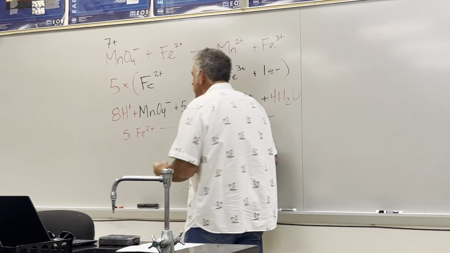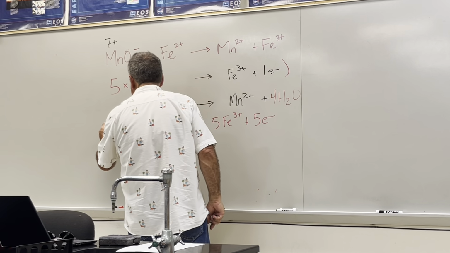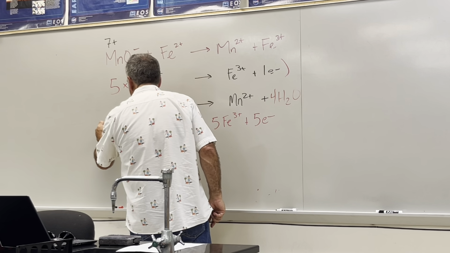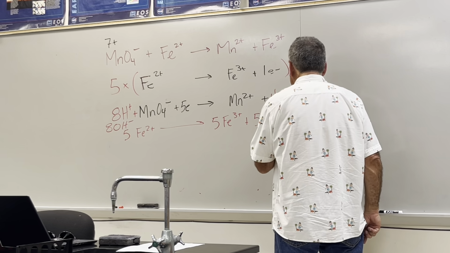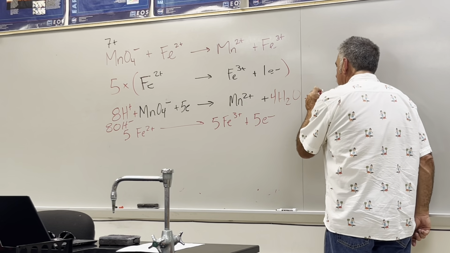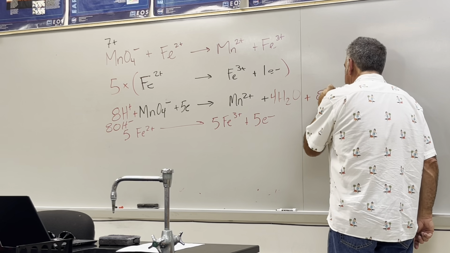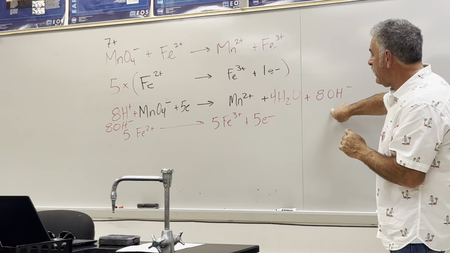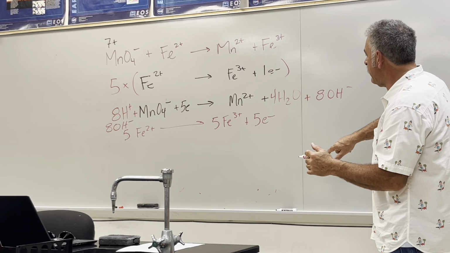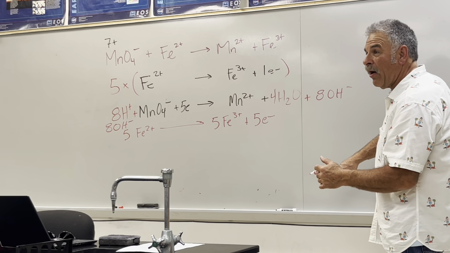So in order to add OH- to make water, we add 8 OH- to this side, and to this side too. 8 OH-. Is that right? Yep, that's right. So now everything's balanced, except for what happened.